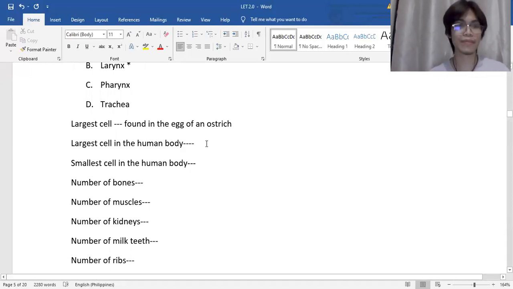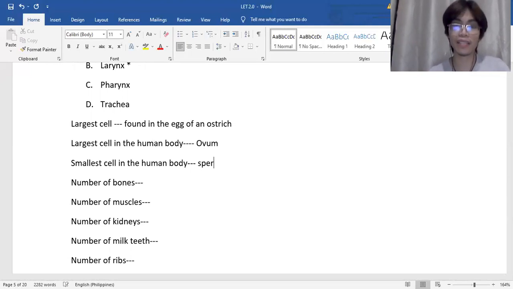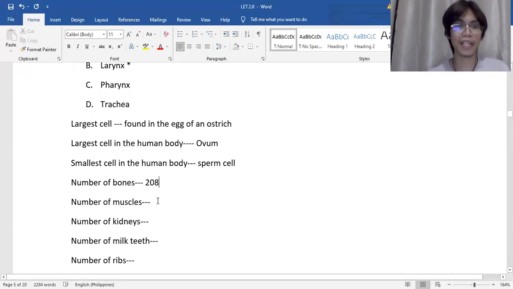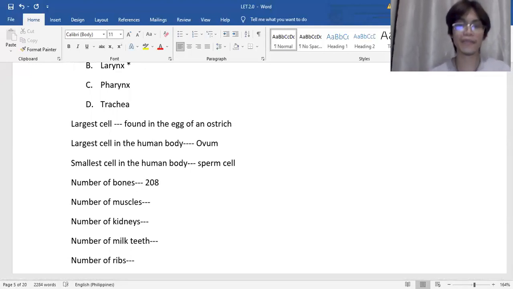Next one, largest cell in the human body. This is the ovum or the egg cell. Smallest cell in the human body, that is the sperm cell. Number of bones, of course, 208. Number of muscles.